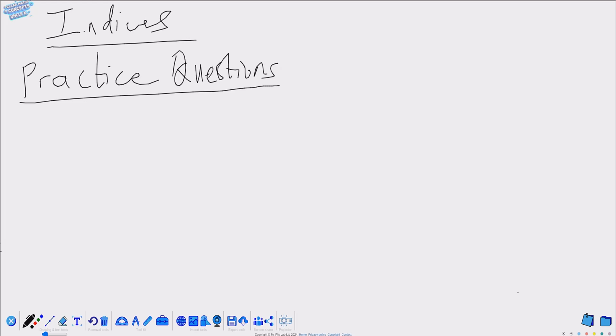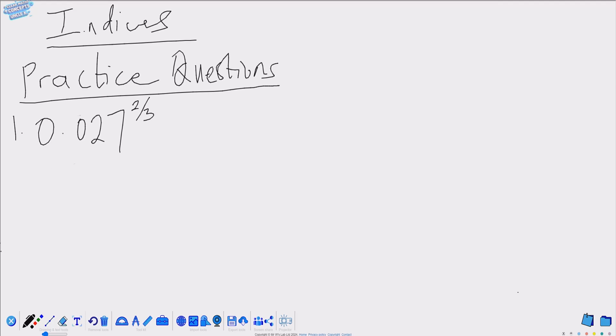Okay, so indices. So practice questions. The first question will be 0.027 raised power 2/3. So we want to evaluate this.